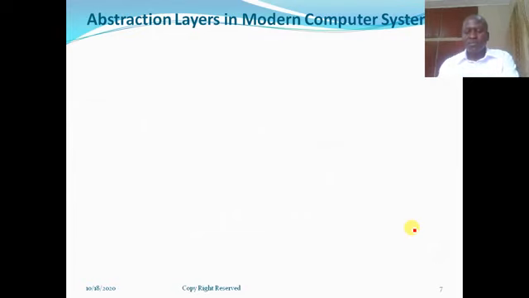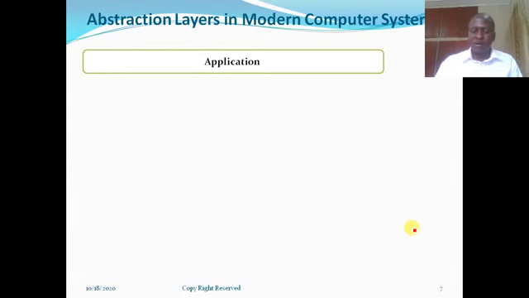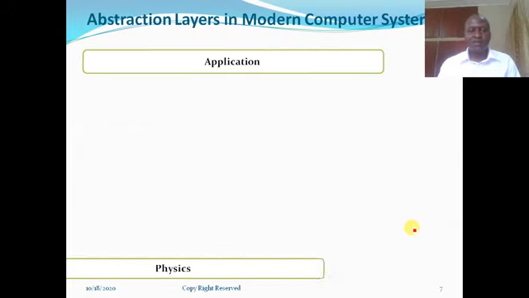And in this slide, we try to depict what the computer architect intends to do, just like I mentioned in the previous slide. The first thing is, like I said, the application layer. And then the last is what the physics or the physical layer can do.